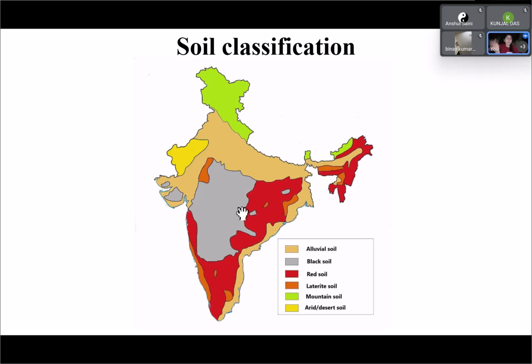Why is red soil called red soil? Why is black soil called black soil? What are the compositions? They are very specific, but they also give you an idea about why different regions in India have different kinds of vegetation and different products that you get there, right?